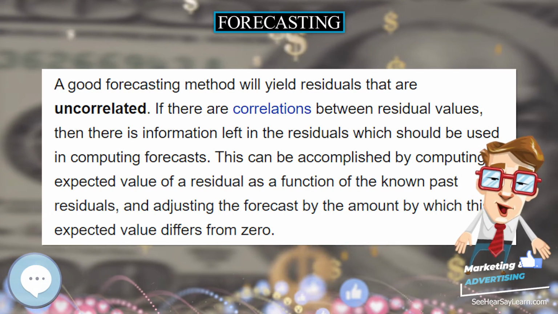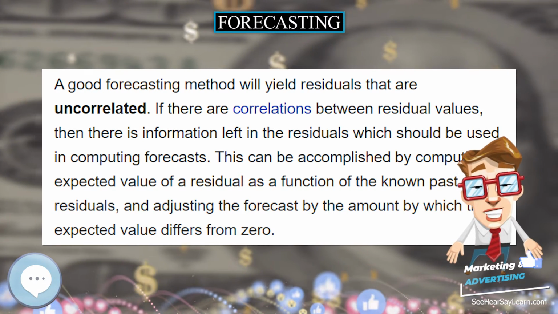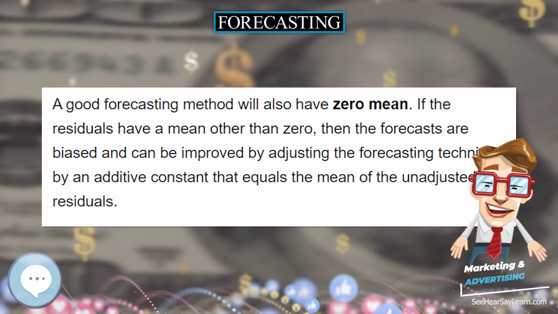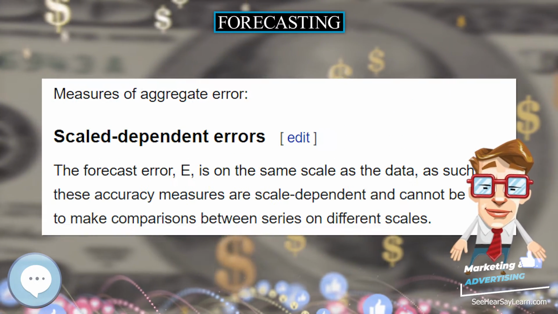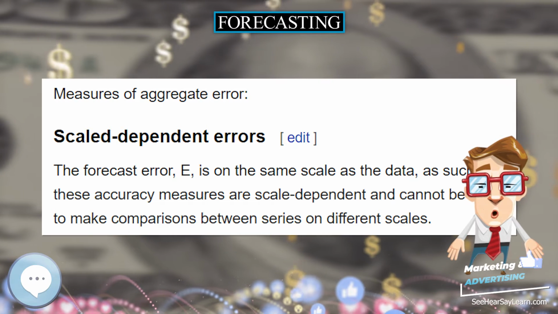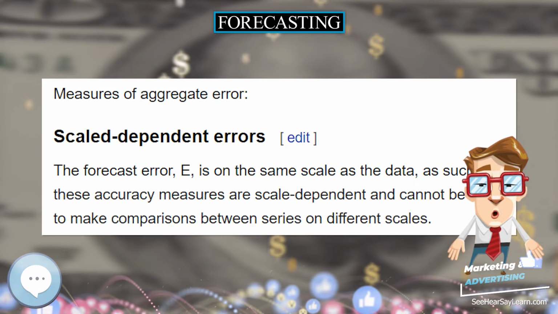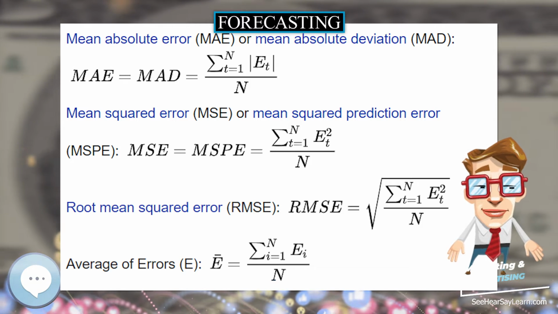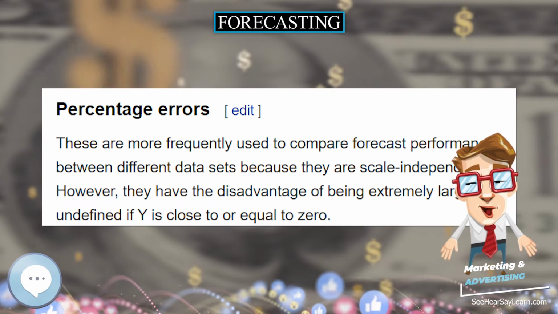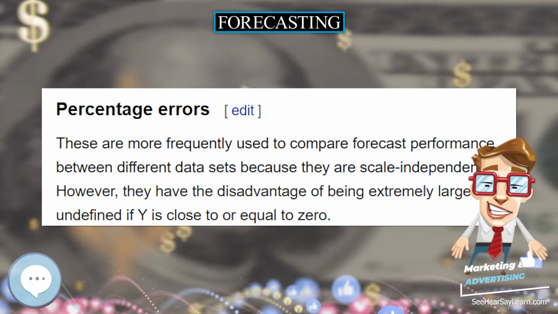Mean absolute error, MAE, or mean absolute deviation, MAD: MAE = MAD = (sum from t=1 to n of |e_t|) / n.